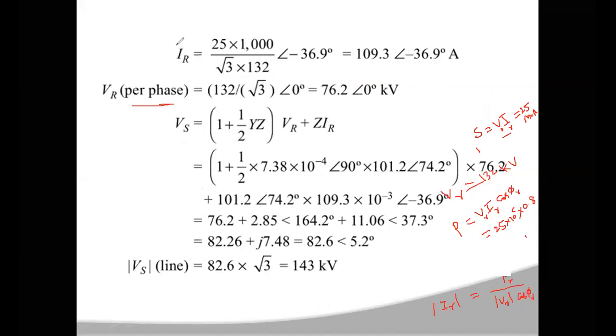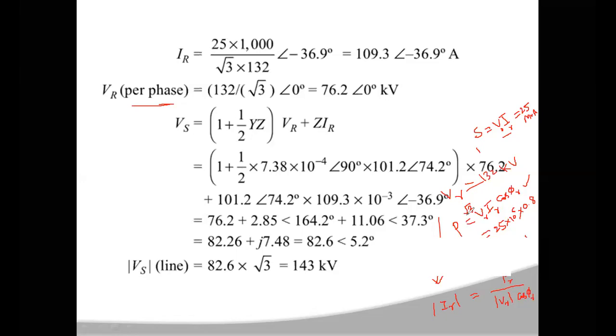As it is a 3-phase system, it is root 3 times VL IL cos phi. If it is a single phase system, you can calculate like this, which is what I explained. But in the given problem, the transmission line is a 3-phase system.